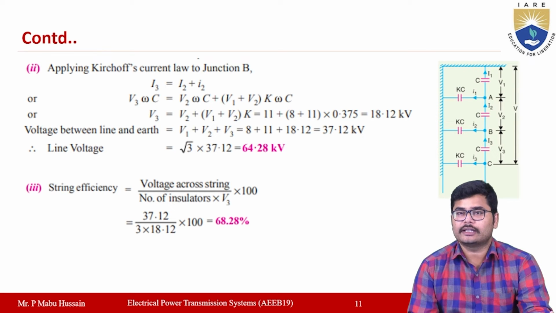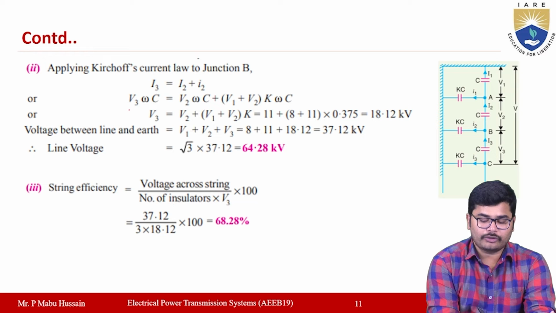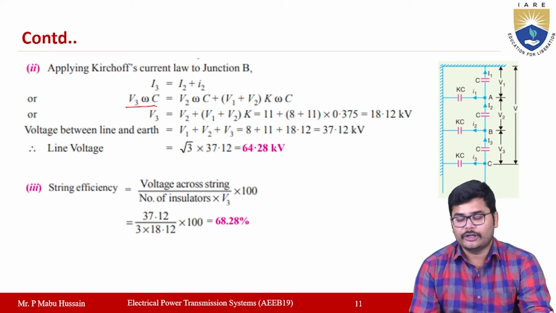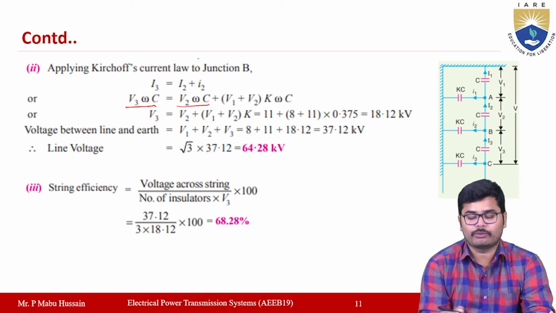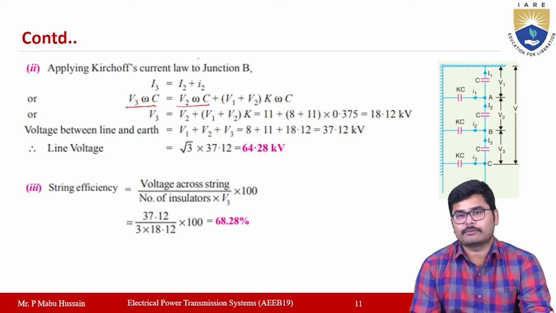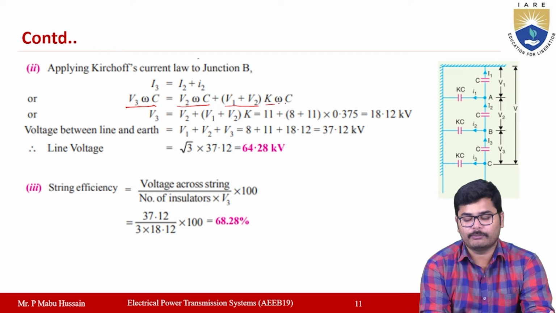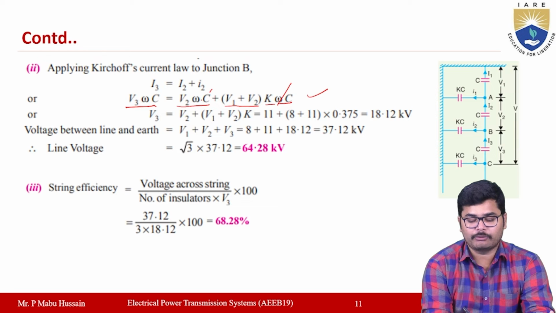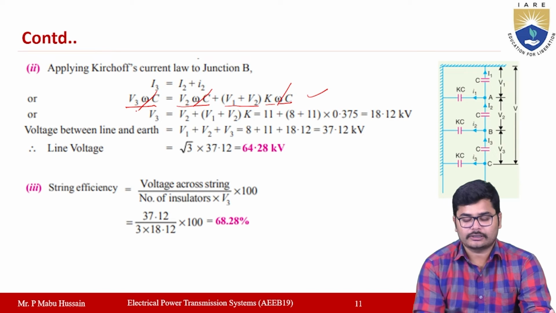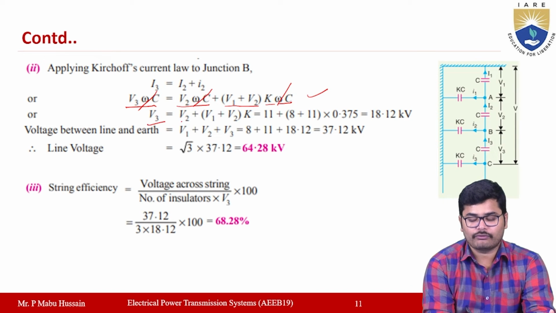If you write I3 in terms of V3, I3 will be equal to V3 omega C, and I2 in terms of V2 will be V2 into omega C, and small I2 in terms of voltage will be (V1 plus V2) into K into omega C. So here also omega C will get cancelled. So then V3 is equal to V2 plus (V1 plus V2) into K.